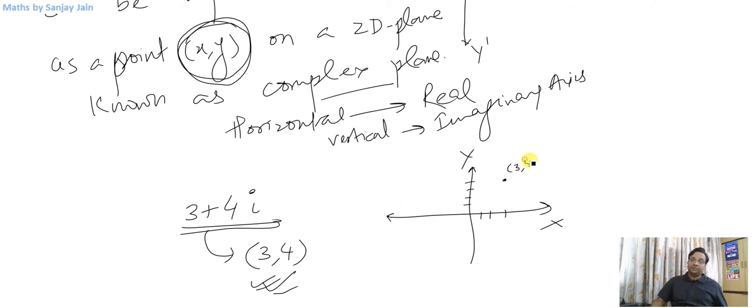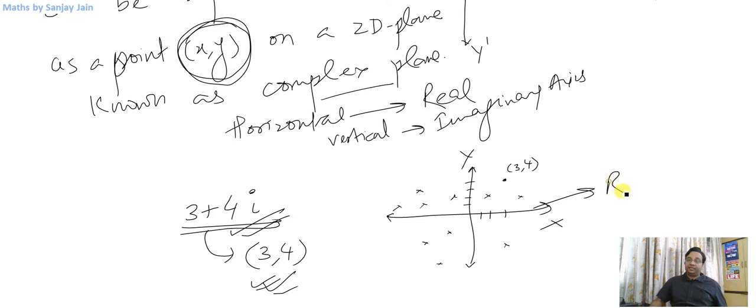This point is 3 comma 4. Now this point represents this complex number 3 plus 4 iota in this plane, which is my complex plane. So every point in this complex plane represents a complex number corresponding to it. Okay, that is why it is known as a complex plane.